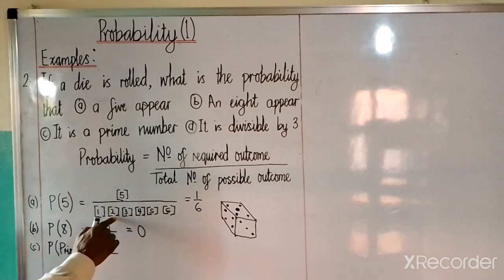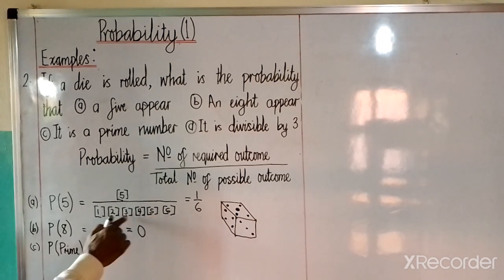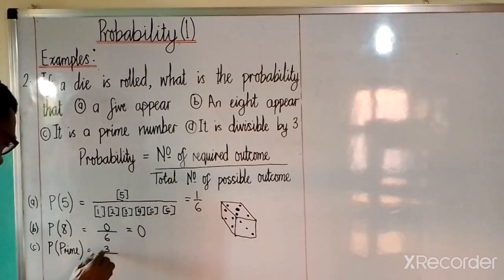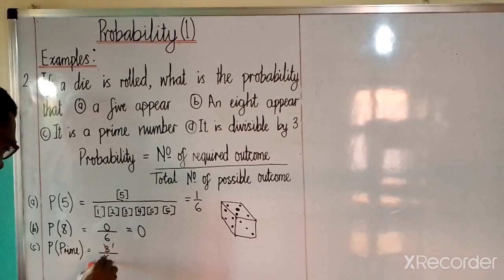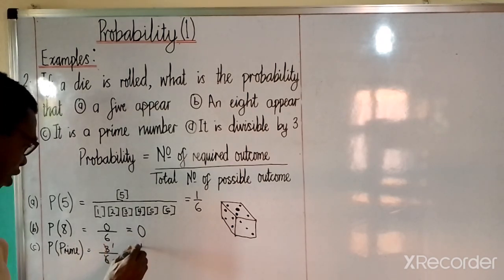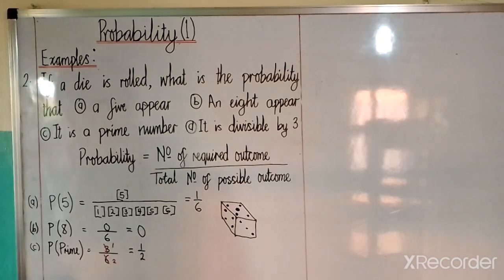So the prime numbers here are 2, 3, and 5. So there are 3 events. That will give you 3/6. And of course, if we cut 3/6, we are going to have half, 1/2. Notice our answers so far have always been in proper fraction.